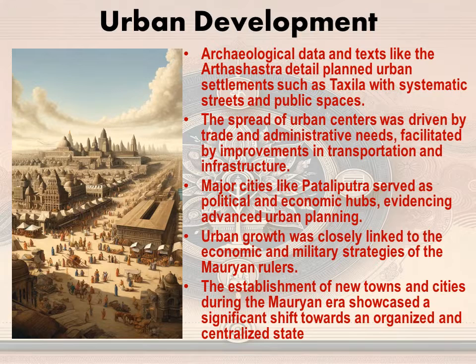The establishment of new towns and cities during the Mauryan era showcased a significant shift towards an organized and centralized state. So there were many new towns and cities which grew during the Mauryan era, and from that we get an evidence of a significant shift towards an organized, centralized kind of governance.